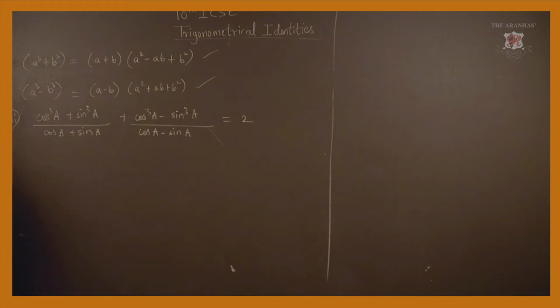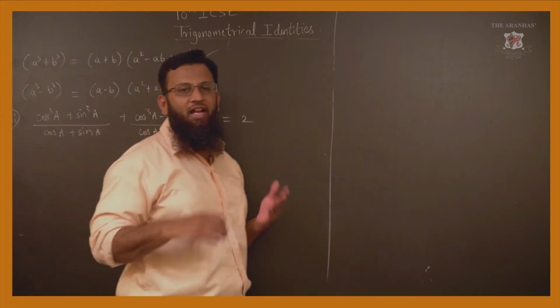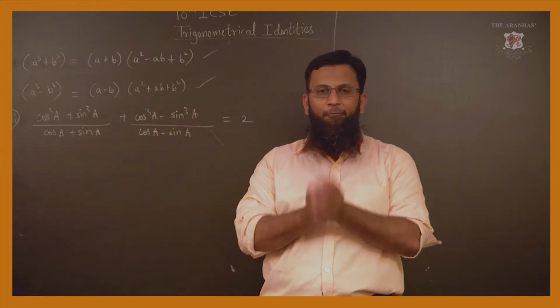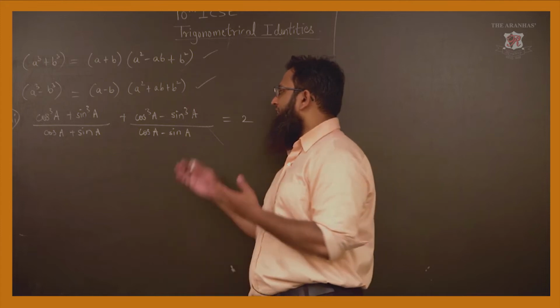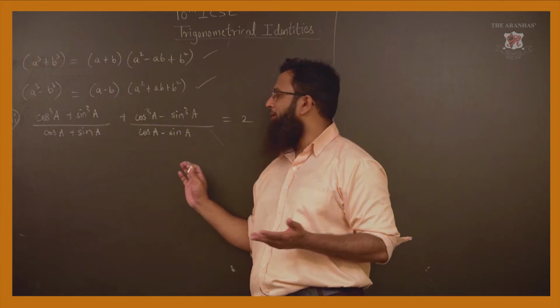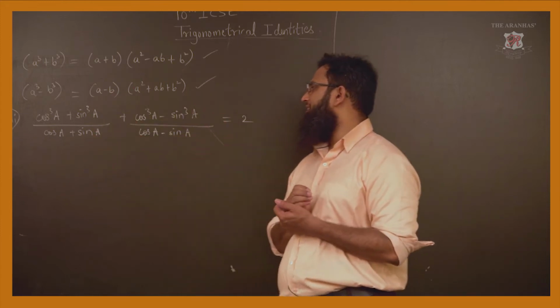Now the interesting thing is, most of the students say, in none of our trigonometrical identities there is any formula related to cube, and secondly how to get rid of all these members and simply get the answer 2 over here.